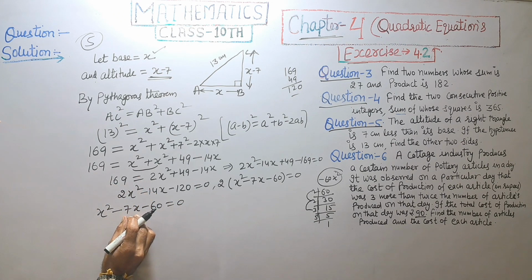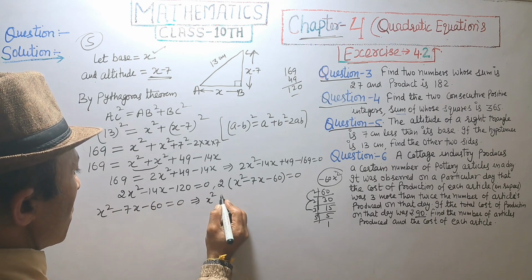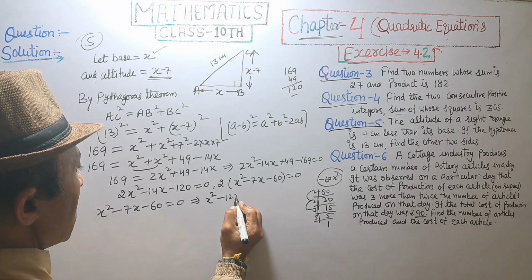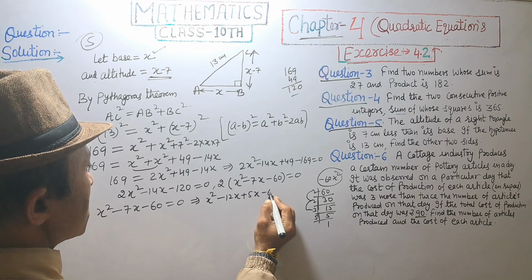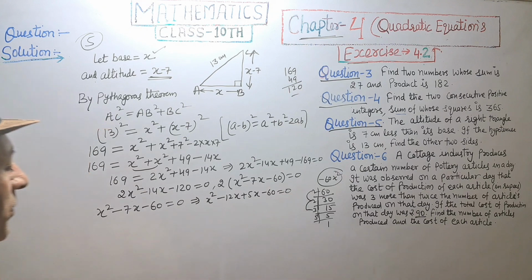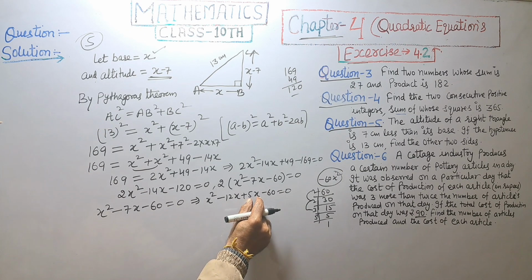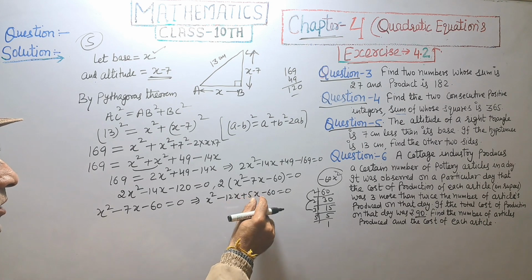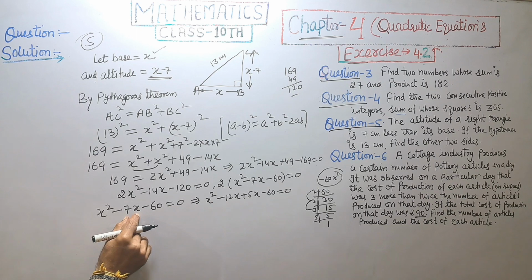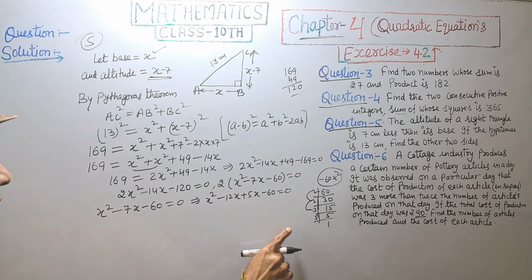We split minus 7x: x squared minus 12x plus 5x minus 60 equal to 0. Minus 12x plus 5x is minus 7x, and 12 fives are 60.